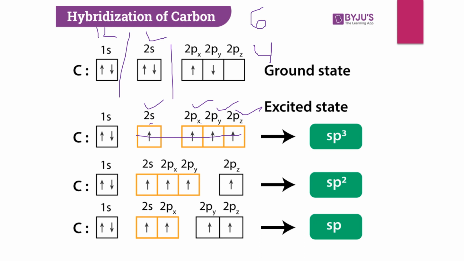After that, what will we do? We'll mix it. Like how? First of all, we'll hybridize these electrons. Why am I hybridizing it? To become stable. Now how?